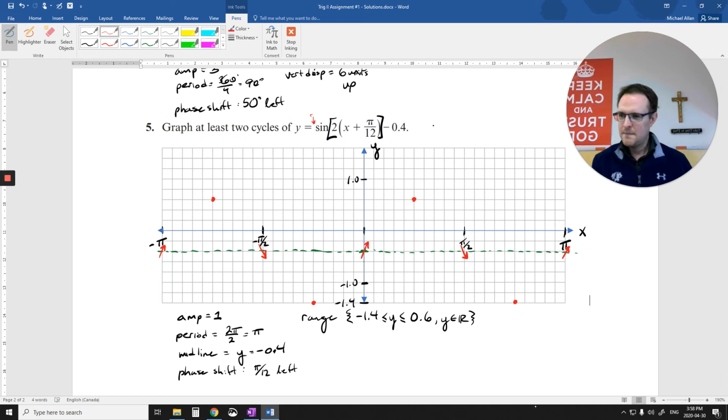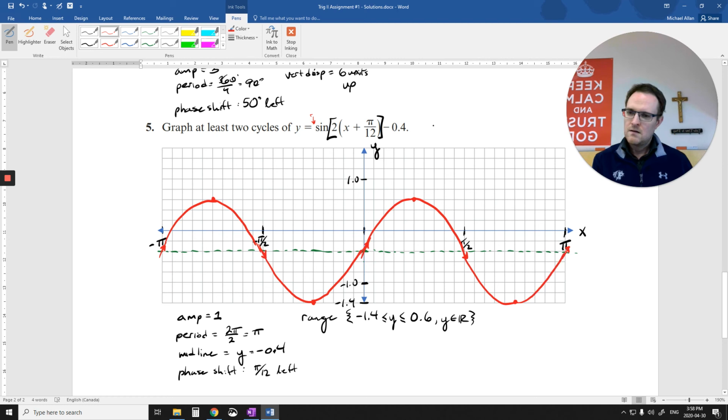Looking good. You could try to find some zeros in here, but I'm just going to sketch what I have. Okay, so that there is the graph before the horizontal phase shift.